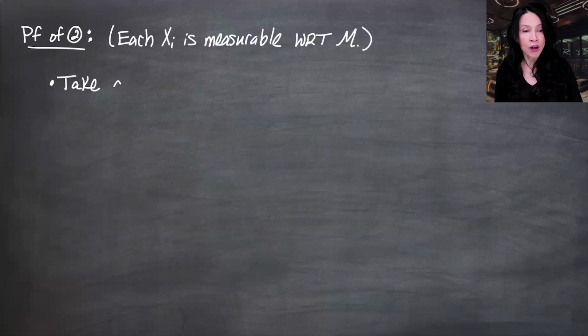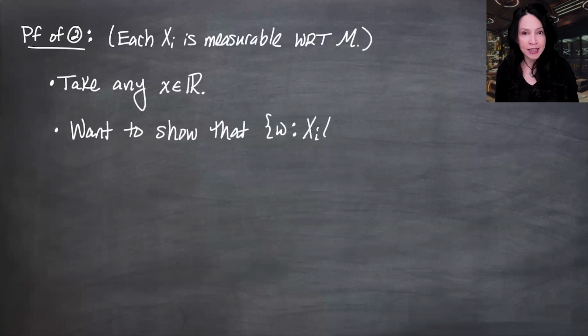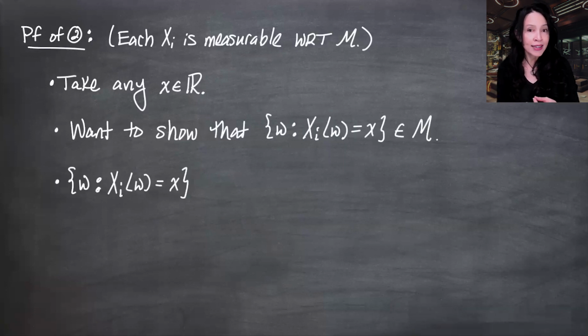So I'm going to take any x in R, and I want to look at the omegas that map to x under the function xi, and I want to see that this is in M. How do we define inclusion in M? We get the set into a certain form. So note that the omegas that map to x under the one-dimensional function, the xi, is equivalent to the omegas for which the entire vectors of x map to any subset of n-dimensional points for which the ith point is equal to x.